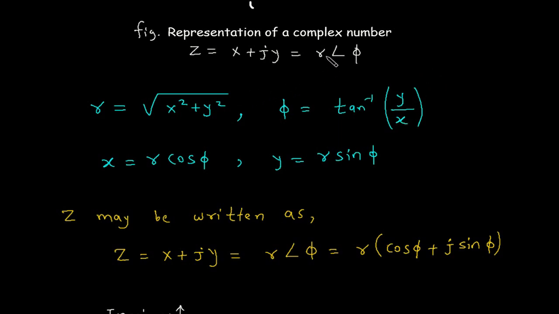Also, if you want to convert polar form into its equivalent rectangular form, to get the value of x we will use x is equal to r cos phi, and to get the value of y we will use y is equal to r sin phi. So from these formulas we can convert rectangular form to polar form or polar form to rectangular form.